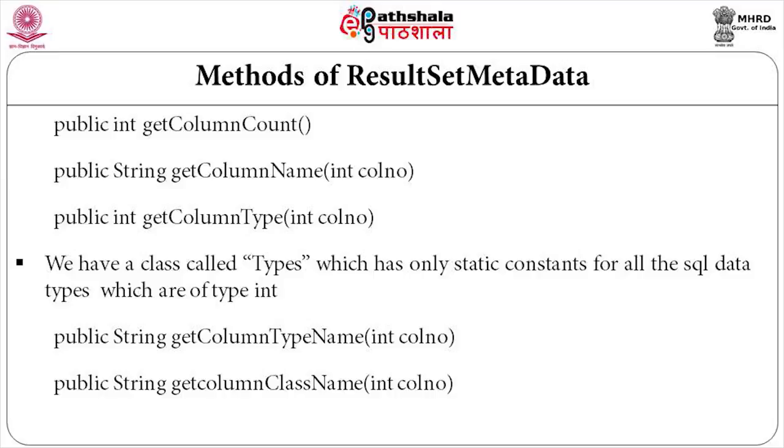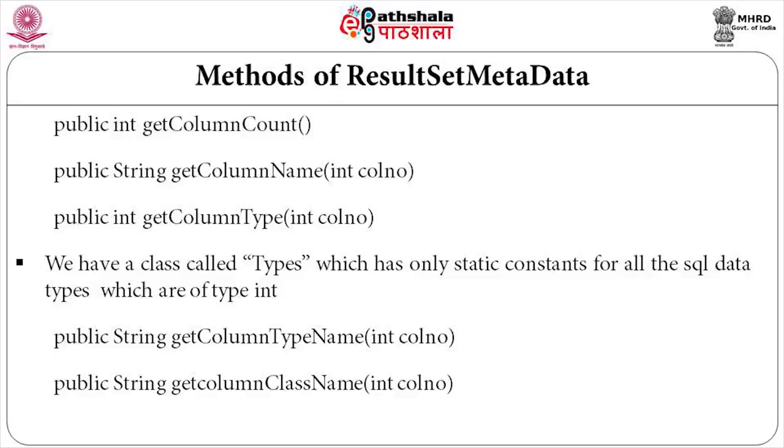Next method, getColumnTypeName. This is where we get the string. So getColumnTypeName returns a string for us. Whatever is the column type, again the type is about SQL type and not about the Java type.